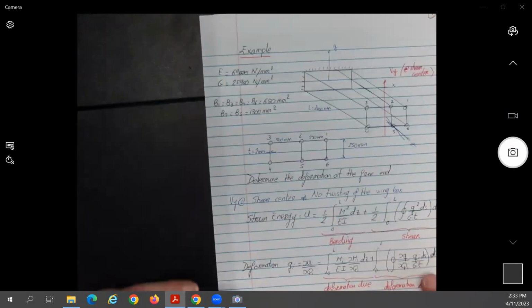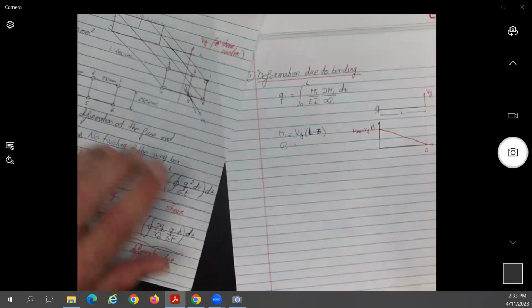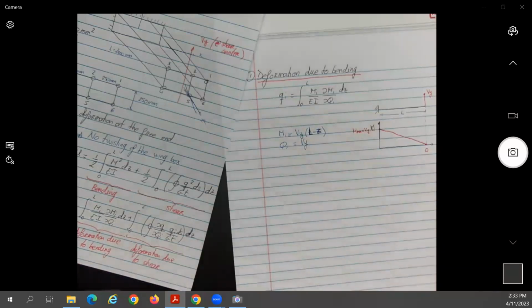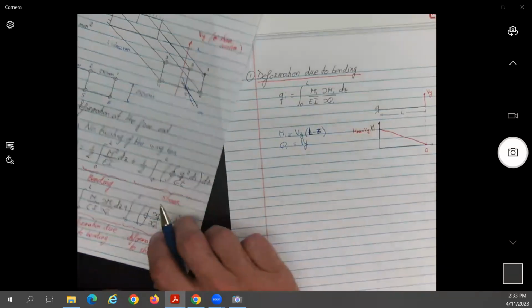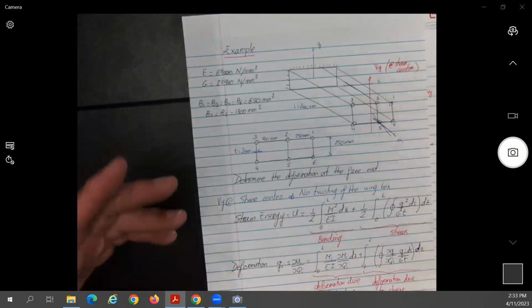Do we need to apply a fictitious force or can we just take Vy, since it's going to be the same everywhere? You take this one to be equal to Vy. Yes? Okay, it's at the tip, no? Yeah, and all the points are going to move the same.